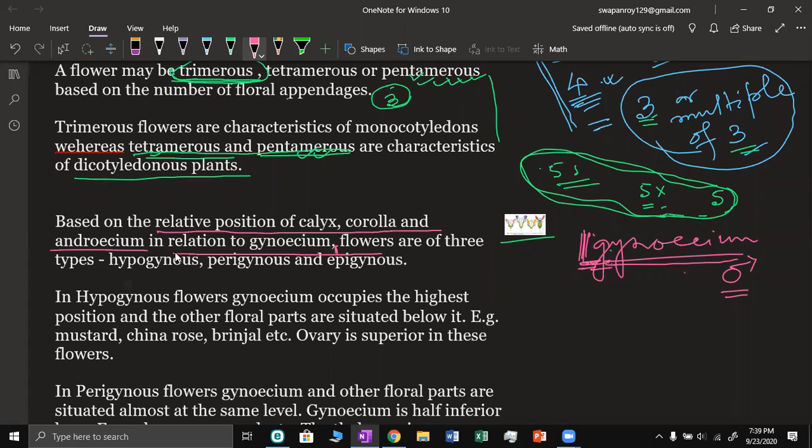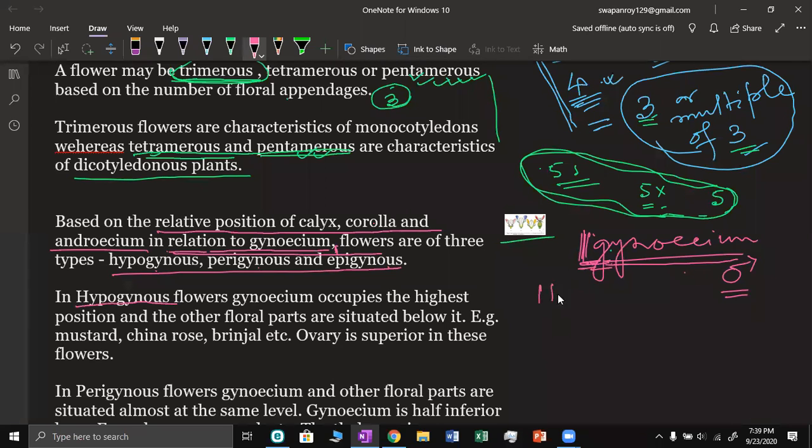Based on that, flowers are hypogynous, perigynous, epigynous.